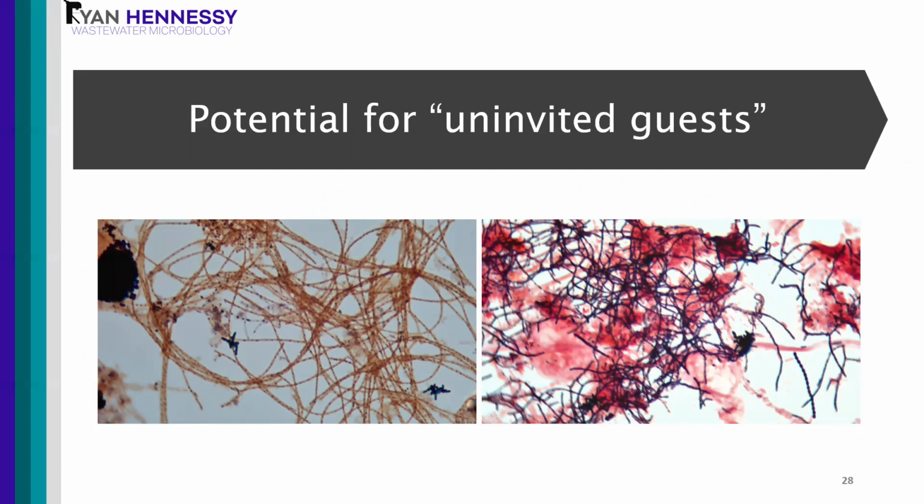One thing of note is fats, oils, and grease. When they are exposed to septicity, they become more readily available for filaments like Microthrix or Nocardia, which I refer to as Actinomyces miculata.